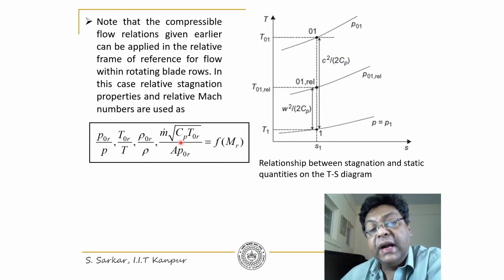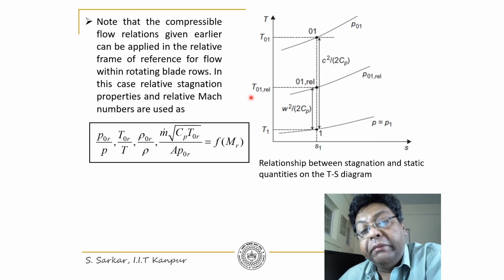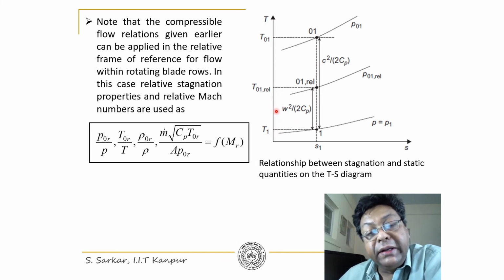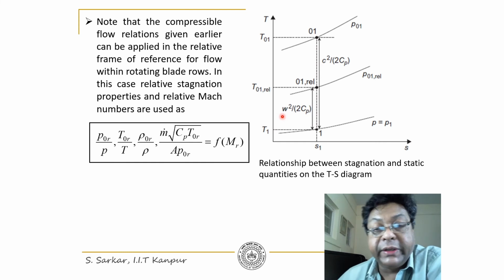Now you can understand the relative total temperature and static temperature. The difference between them is nothing but W squared by twice Cp, where W is the relative velocity.